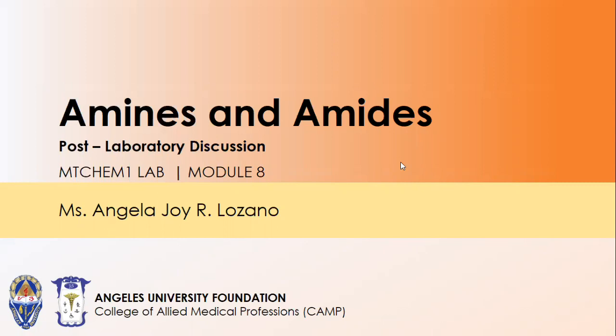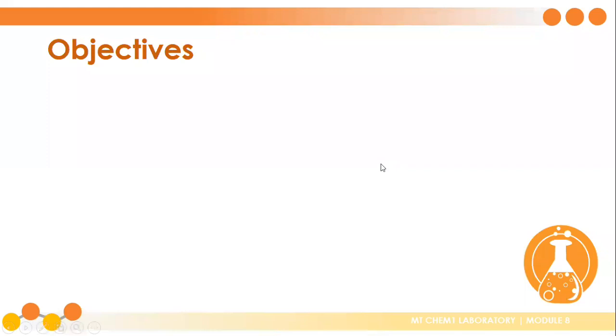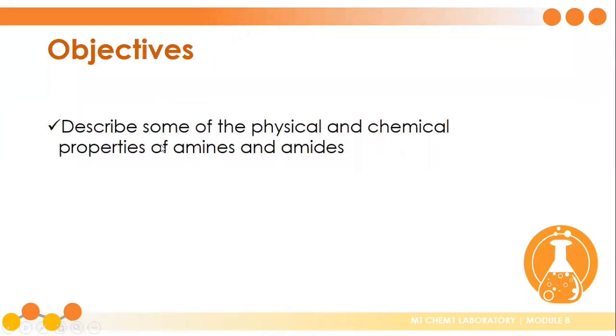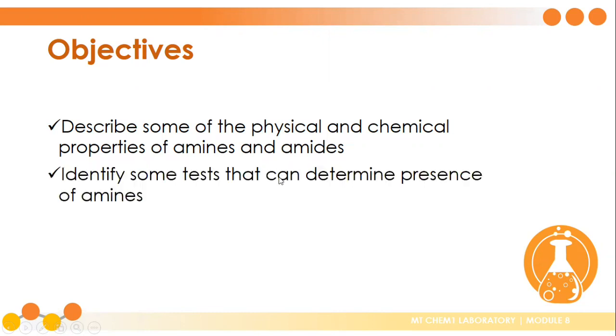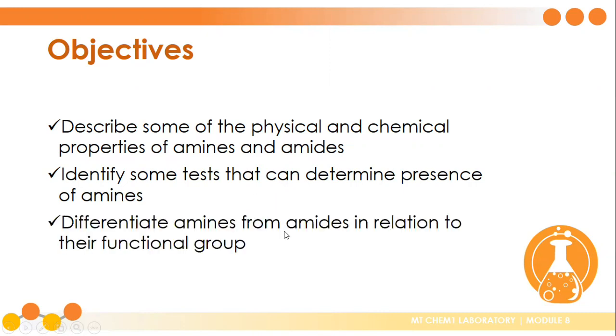Let's proceed with the discussions of amines and amides. For the objectives, you were asked to describe some of the physical and chemical properties of amines and amides, to identify some tests that can determine the presence of amines, and to differentiate amines and amides in relation to their functional group.